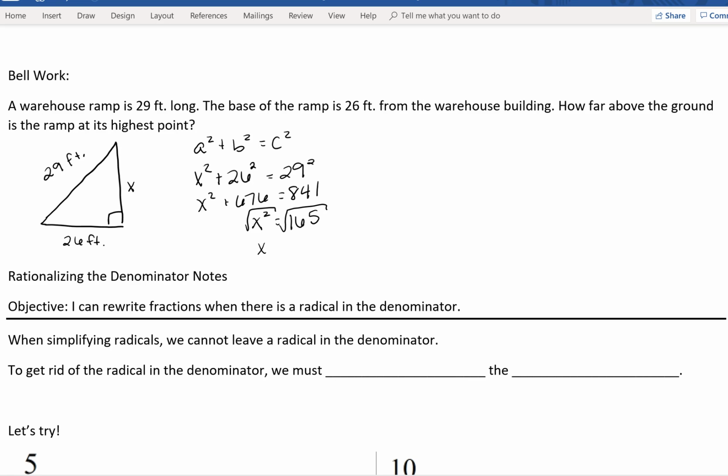The square root of x squared is x, and then the square root of 165 is about 12.8. Since this is a real world type problem, we're not going to leave it as a radical because you wouldn't say that in a real world situation. So we'll say that it's about 12.8 feet above ground.